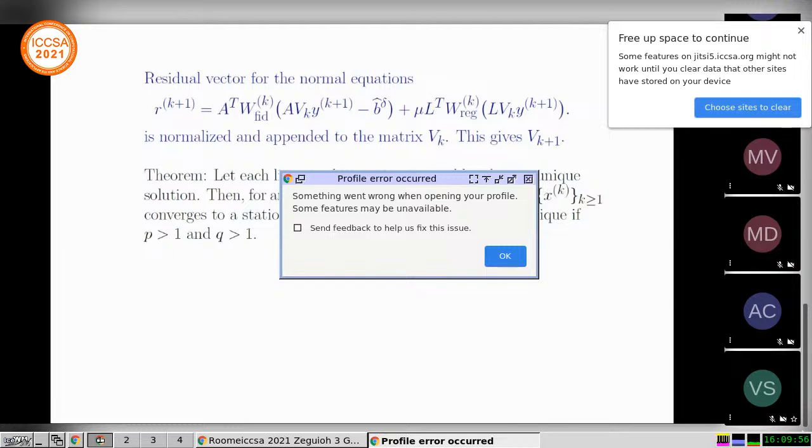And we can show that this method gives convergence to a stationary point. We cannot really say we get a solution to the minimum because when Q and P are smaller than 1, the minimum might not be unique. So we do get a solution to a stationary point, but in practice it works quite well. Next, please.